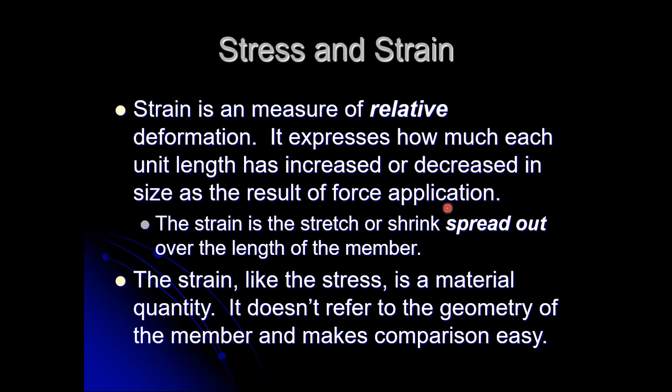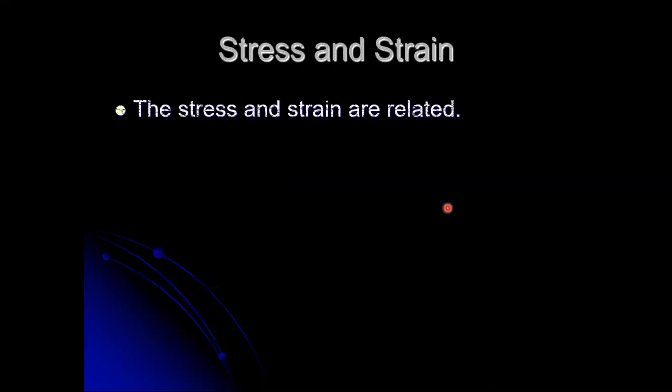And that makes comparison pretty easy. We can say, well, for 2024 T6, the strain was 0.01 inches per inch, but for titanium, it was 0.001 inches per inch. So we can compare between materials a lot more easily as well. And that's useful for design.